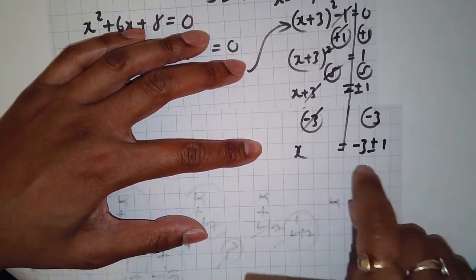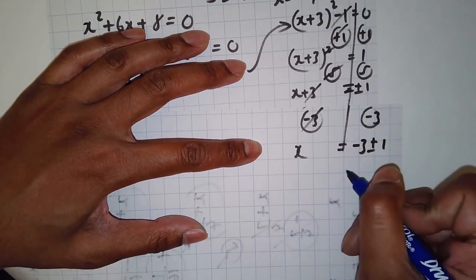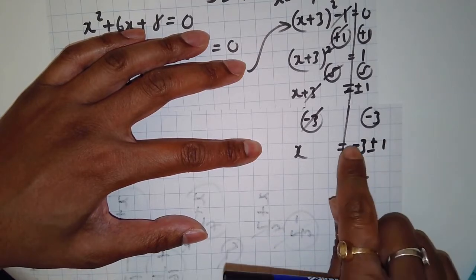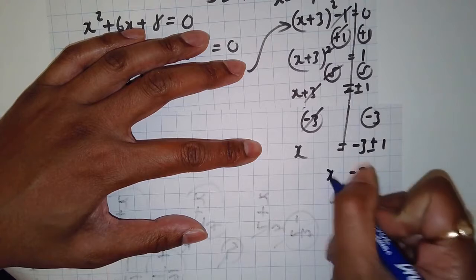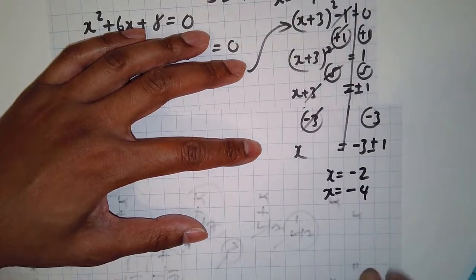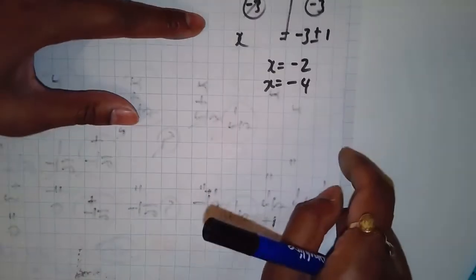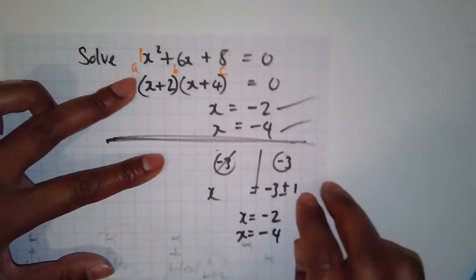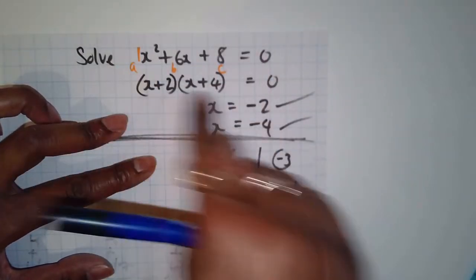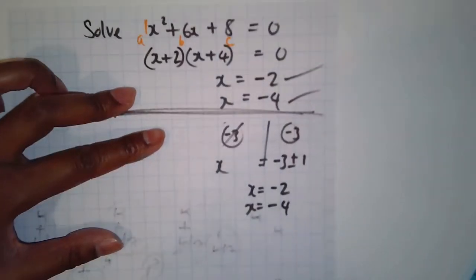There's two answers there you can see. Minus 3 add 1 is minus 2, and the other answer is minus 3 take away 1 is minus 4. Those are the two values of x that I have, which is what I had when I factorized it. Look, minus 2, minus 4.